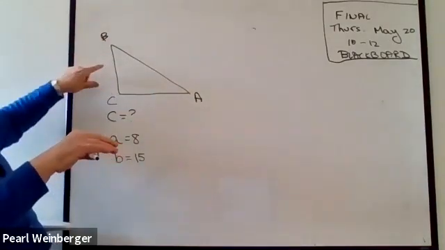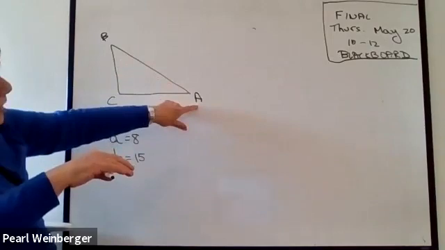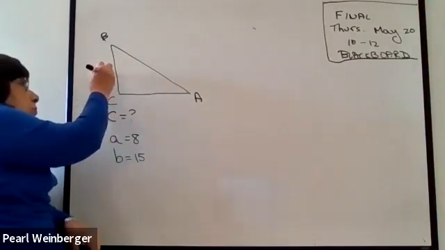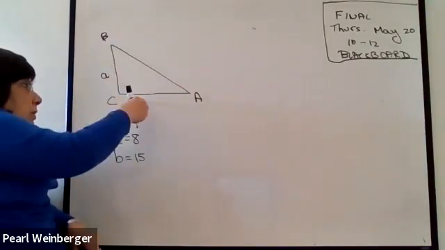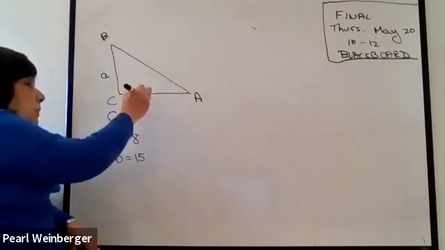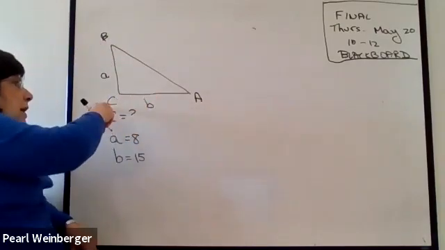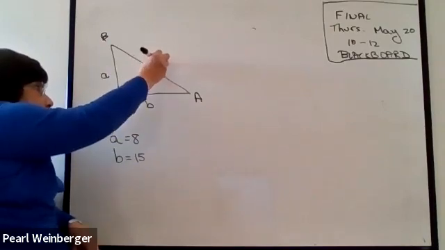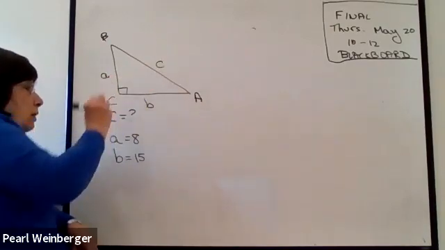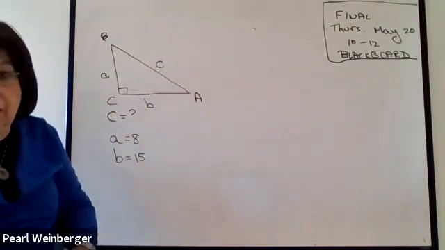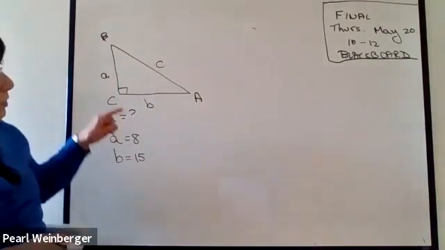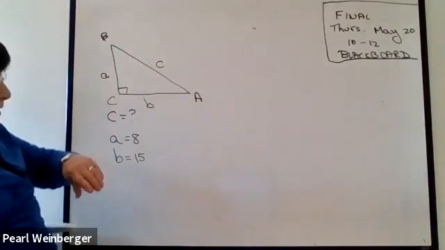Since this side is across from capital A, this is what we call small a. This side is across from the capital B, so this becomes a small b. And this side is the small c. This is what we call a right angle. Usually we put a little square corner in it to indicate it's a right angle.